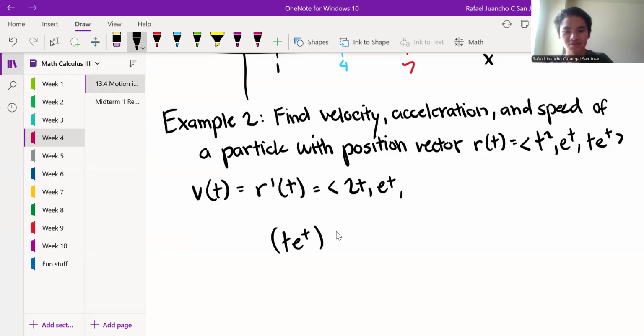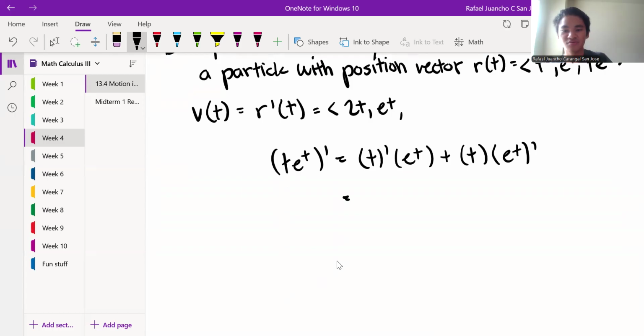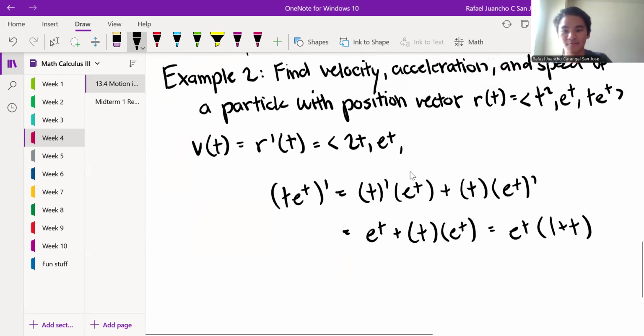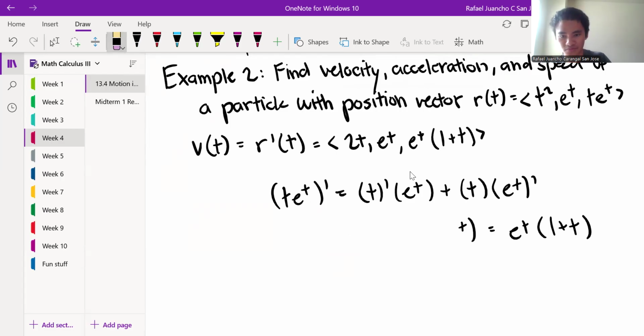I think I've done it many times in previous videos. Here I did a product rule. This is e to the t plus t times e to the t. And I get e to the t times 1 plus t. Okay.